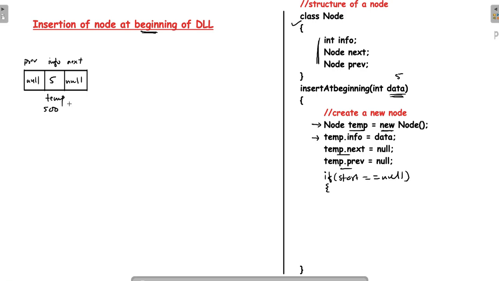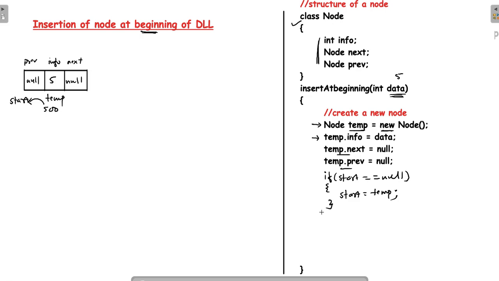If you don't have any list, this node itself becomes my starting point. So you just need to assign this address to this variable. How will you write it? If start is null, then assign the address of temporary to start. That node itself becomes your starting point, and there are no other nodes to represent.